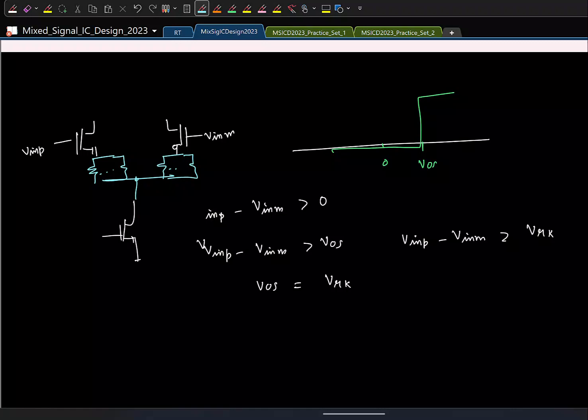So you can choose the correct number of resistors so that this offset is approximately equal to one of your reference voltages. Then you don't need to generate reference voltage. Earlier we had to generate the reference voltage using a resistive ladder. Now you don't have to, because you are exploiting the inherent offset in this differential pair.